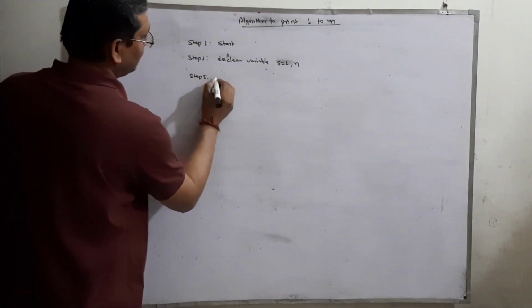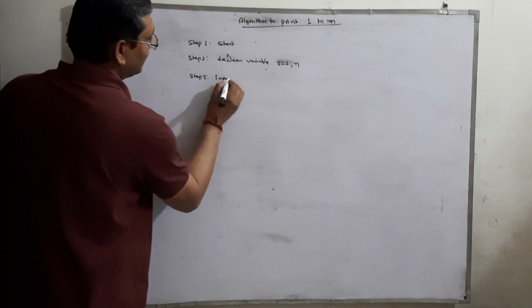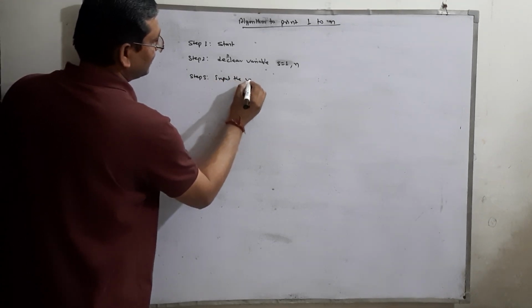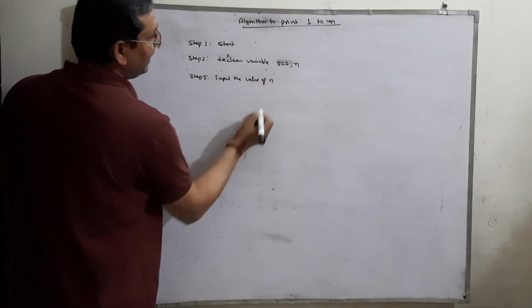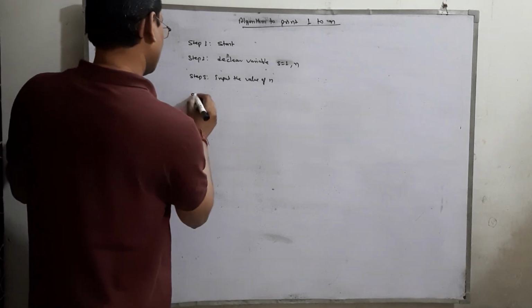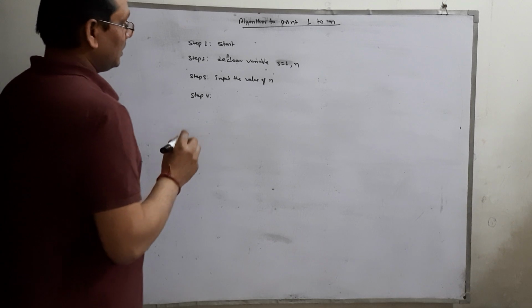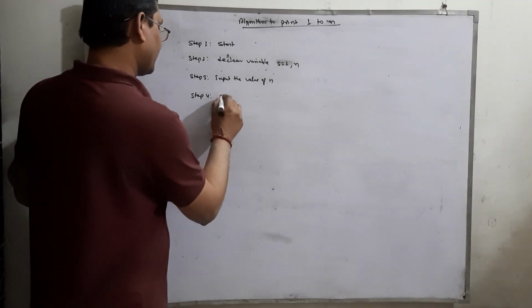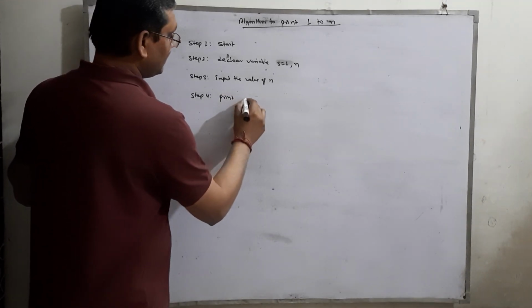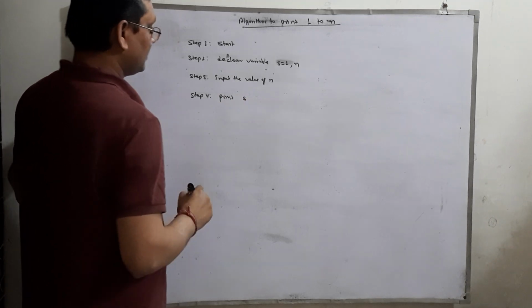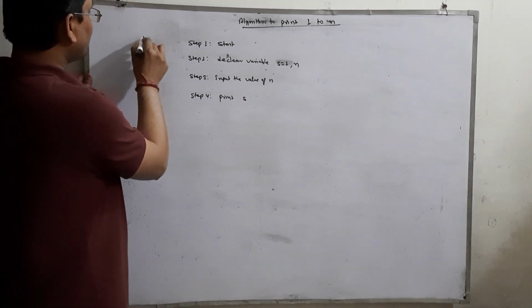Step 3, input value of n. Step 4, print s. Under s we have 1.